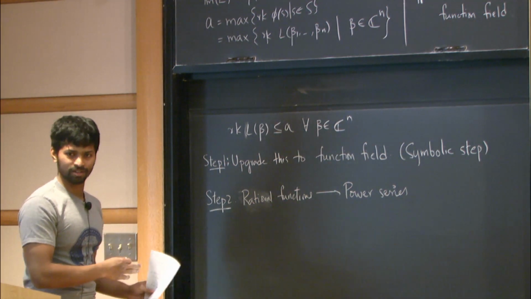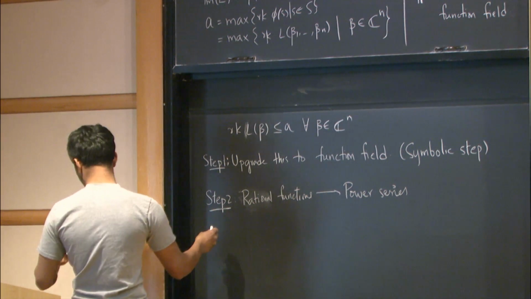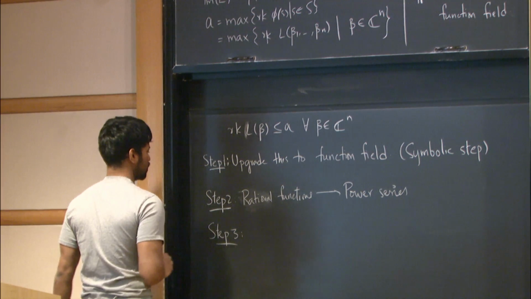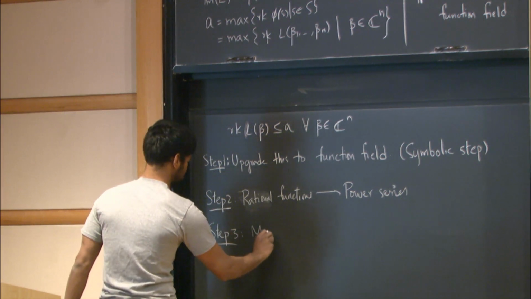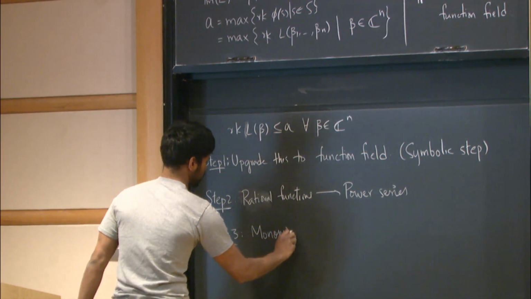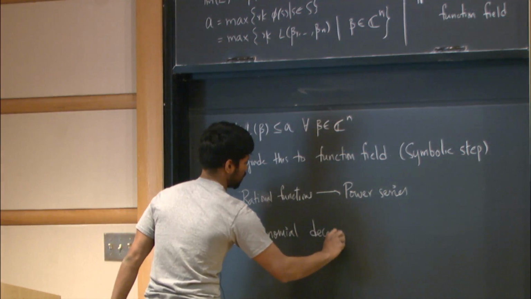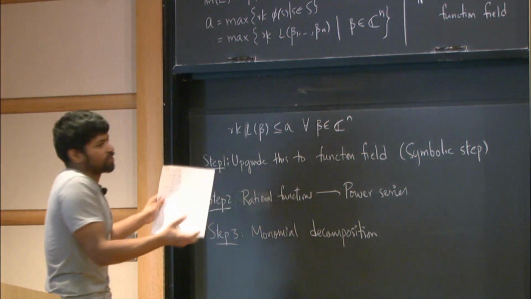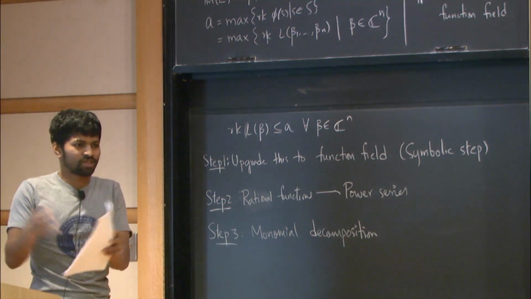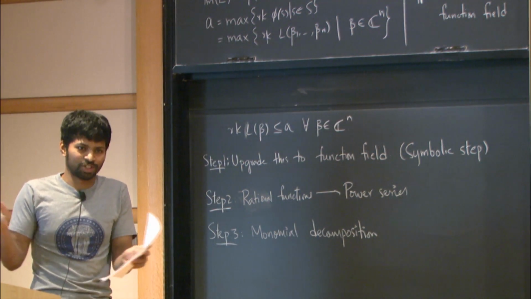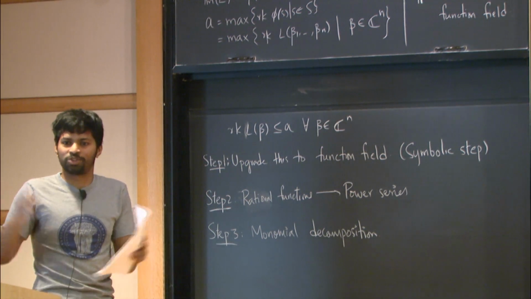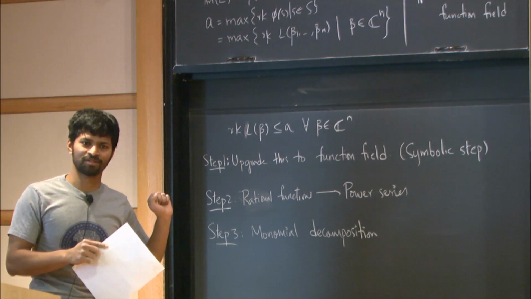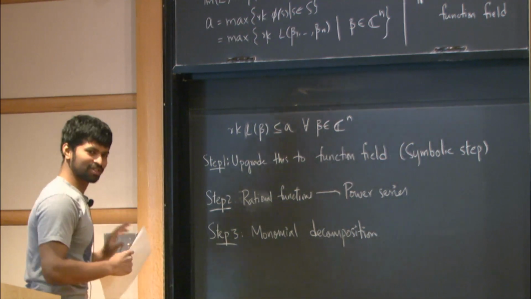That's what's going to happen; I will explain it. And then step 3 is you get some sort of monomial decomposition. On one side you have a matrix filled with polynomials, on the other side you have some kind of rational function decomposition into rank 1 matrices, which you made into power series, and then you can just match the monomials. It's still kind of vague.